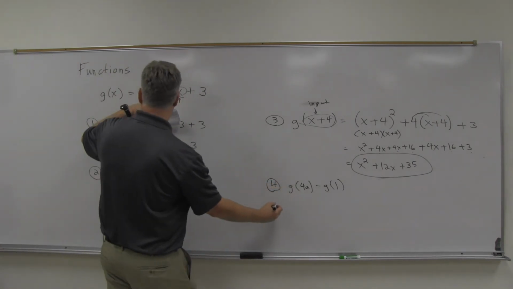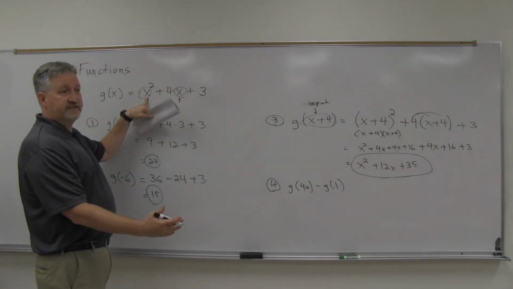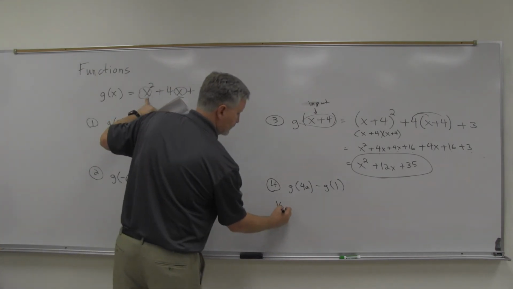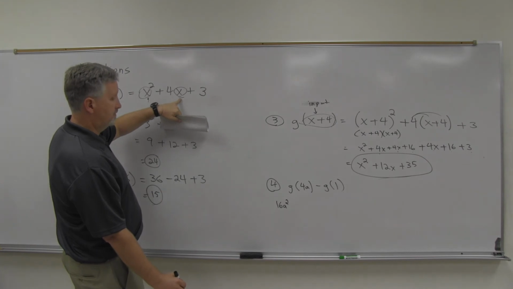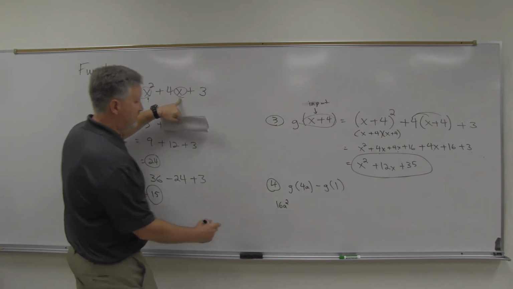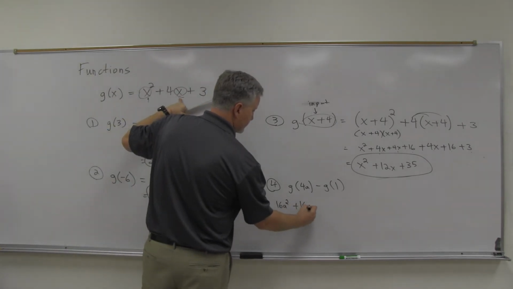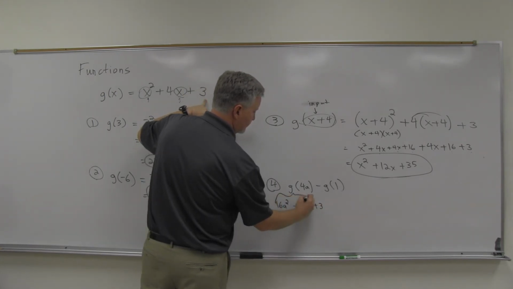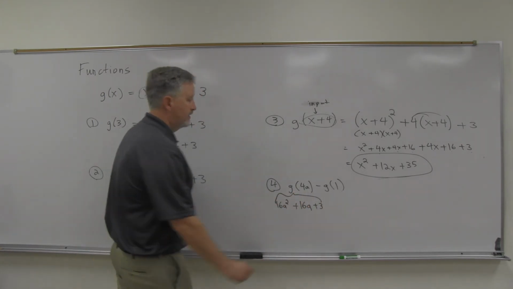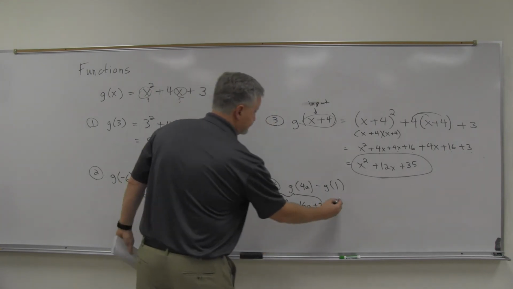Well, 4a, so we'd have 4a squared, 16a squared. And then 4a, you can write it out if you want to. That would be plus 16a and then plus 3. So all of that is my g of 4a. And then minus g of 1.